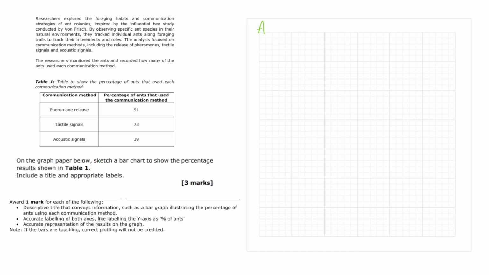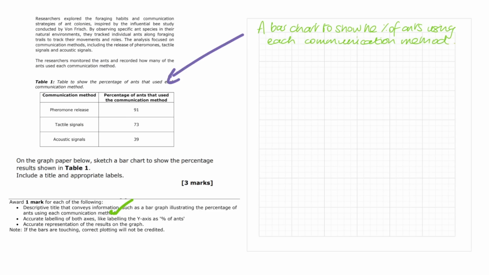So we will begin by adding a title to the bar chart. We are going to take information from Table 1 here to help us. A bar chart to show the percentage of ants using each communication method. The next step is to label both of the axes, and again we're going to take information from Table 1 to help us. The percentage of ants, and then the communication method.